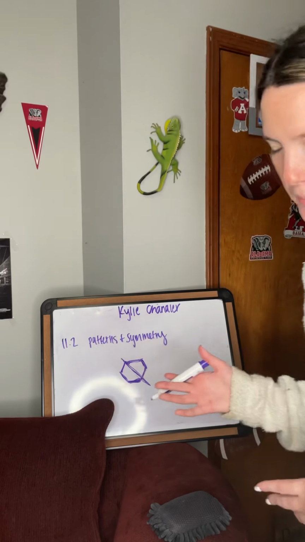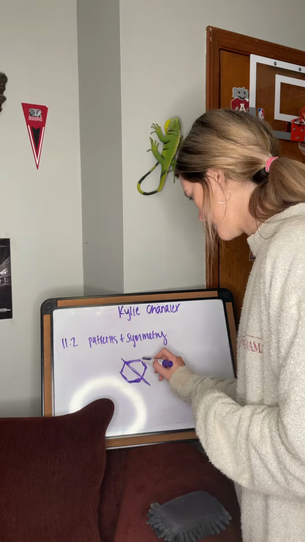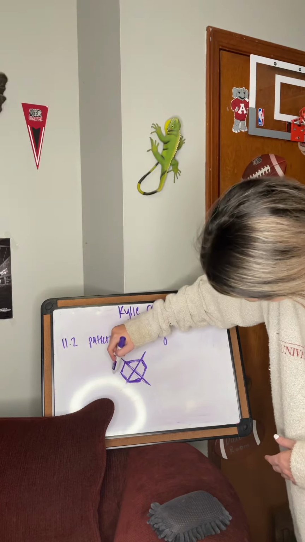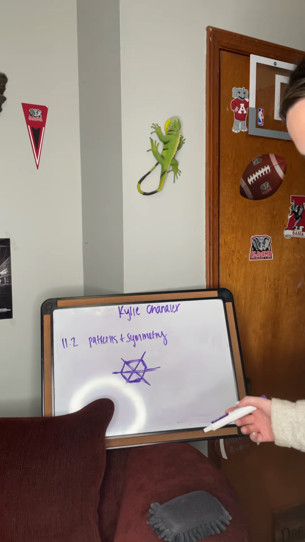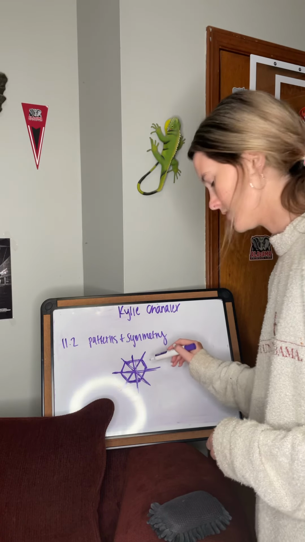I obviously didn't draw it perfect. And then one going this way. And there's going to be one obviously down the middle. And then another one going up and down.